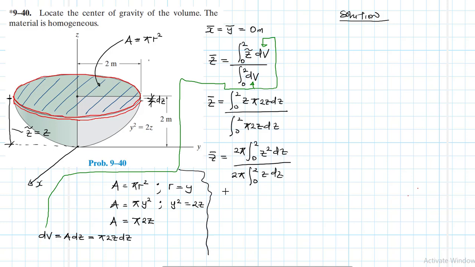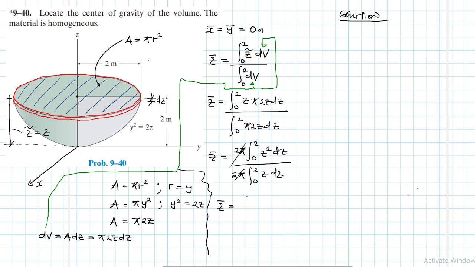And then we continue. Let's do the integration. z bar will be equal to, this can cancel out.